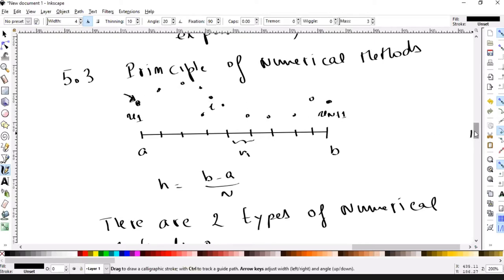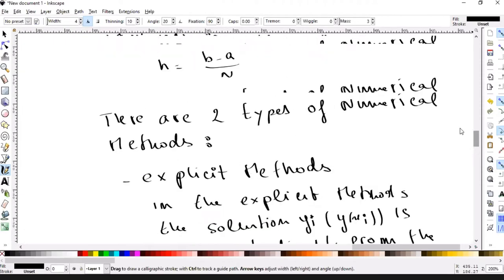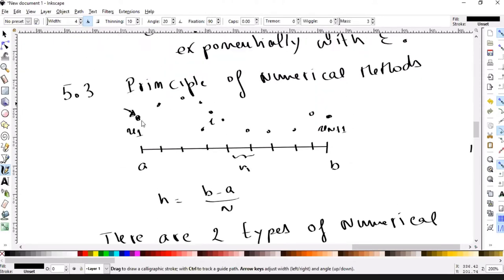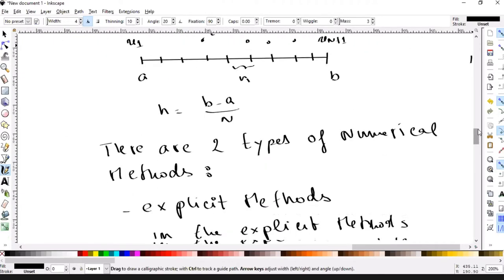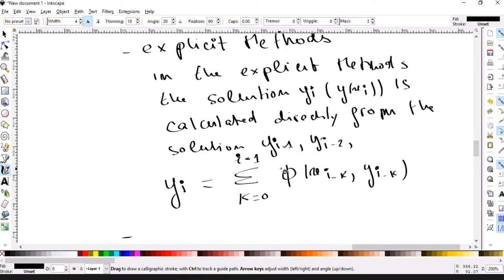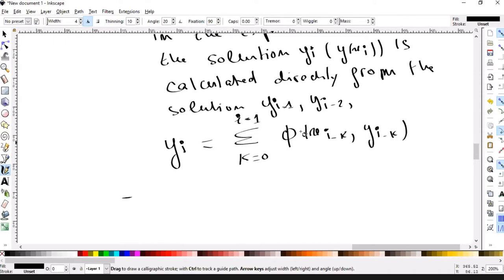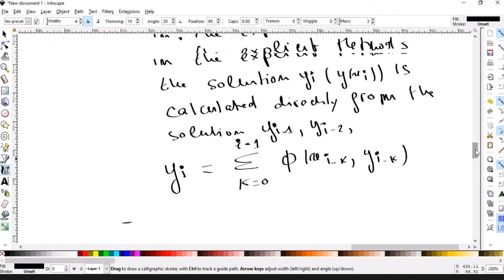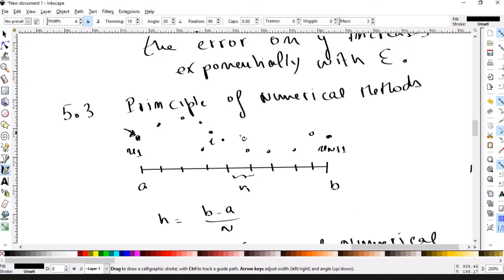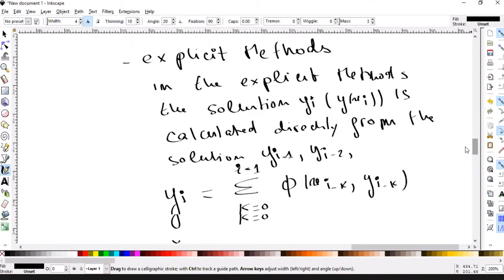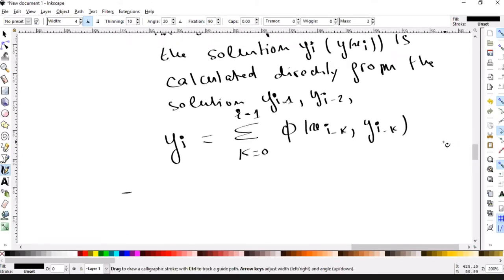This function here, or the relationship between this point and the previous points, this is the numerical method that will define this function phi. So for each numerical method, we have a different relationship between this point and the previous points. And we'll see how to derive each of the numerical methods starting by the steps.